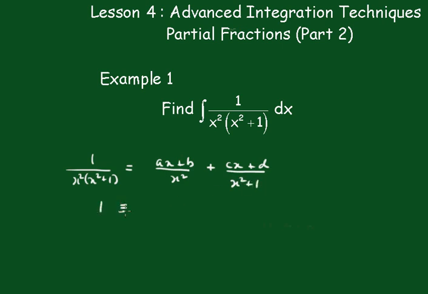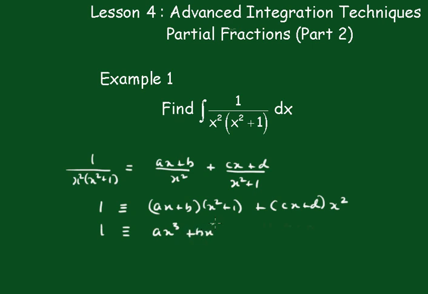So 1 is identically equal to Ax plus B times x squared plus 1 plus Cx plus D times x squared. Now removing those brackets, we get Ax cubed plus Bx squared plus Ax plus B plus Cx cubed plus Dx squared.